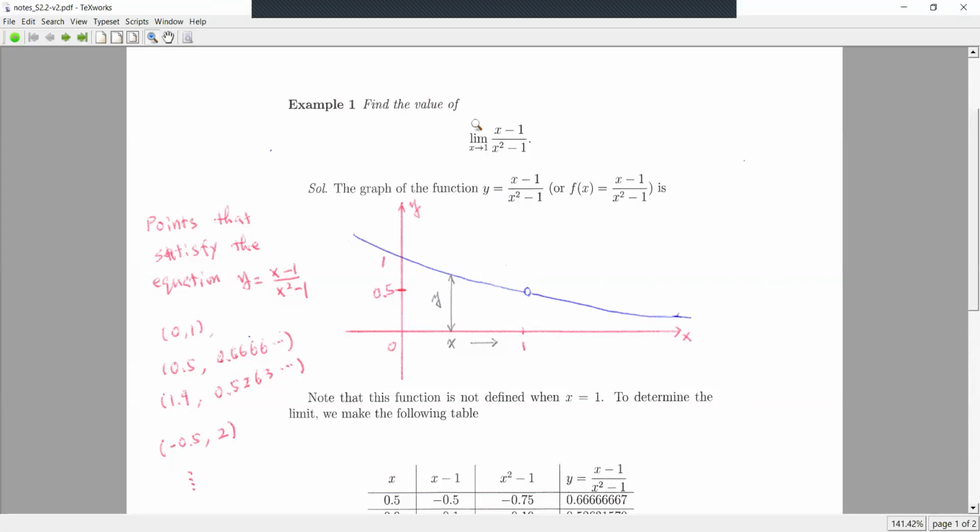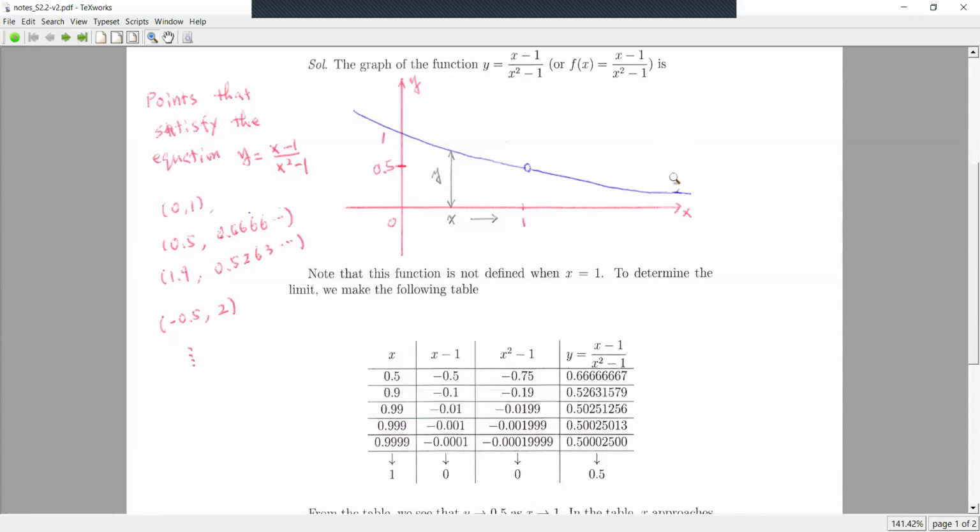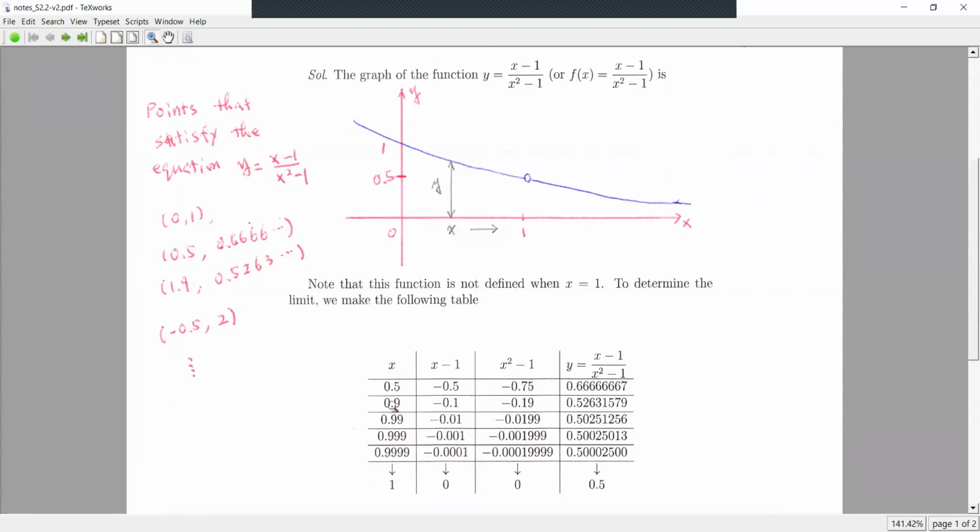Okay, now let me determine this limit. When x approaches 1, I want to see what number the function will approach. I tell the limit by making tables. Here is one table. The first column is for the independent variable x.